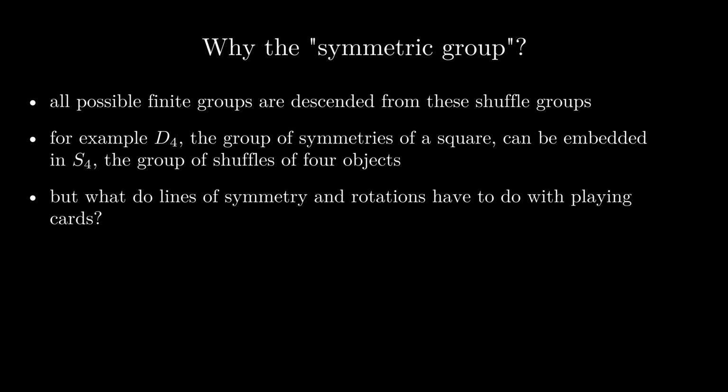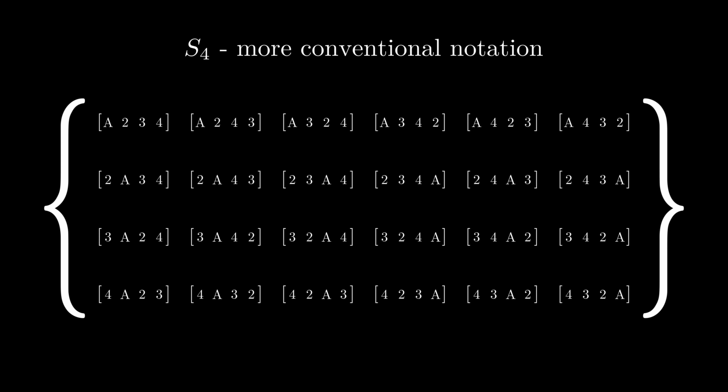It might help if we used more conventional notation for S4. Instead of ace, most textbooks will just use the number 1, and use cycle notation as the default notation for these symmetric groups.